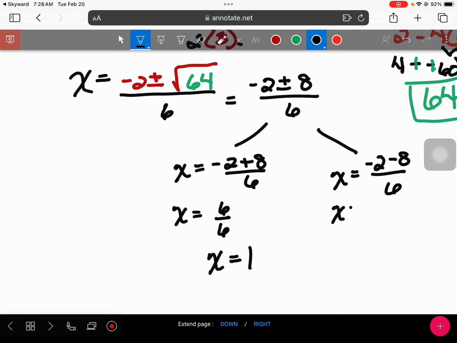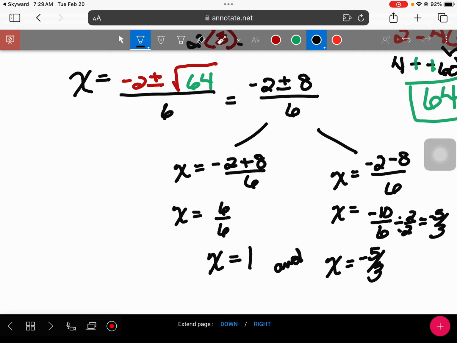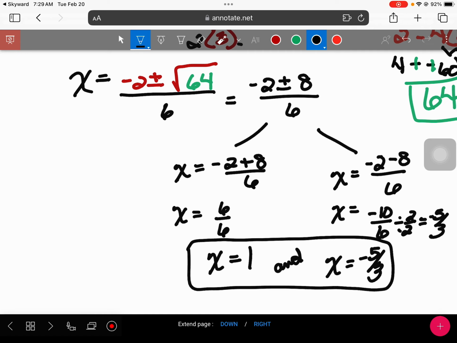And on the other side, x is equal to negative 2 minus 8, which is negative 10 over 6. That can be simplified. Divide by 2 over 2. And that gives me, what? Negative 5/3. So my two values are x is equal to 1 and x is equal to negative 5/3.